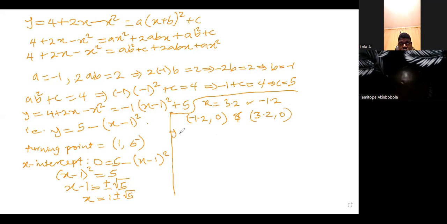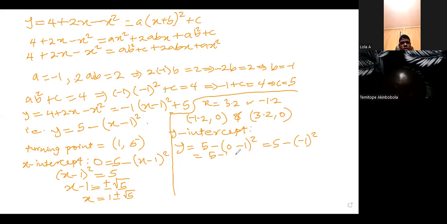Now the y-intercept. The y-intercept is when x is 0. So y equals 5 - (0 - 1)², and that will give you 5 - 1 equals 4.